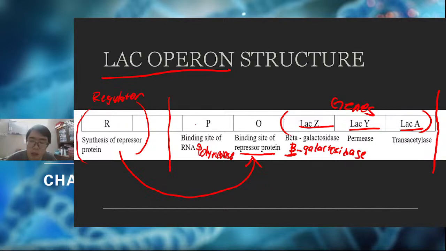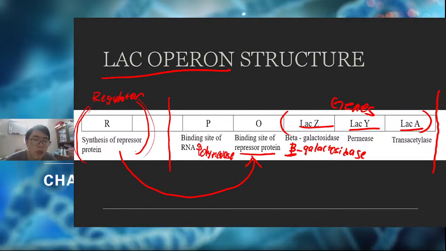In the operon definition, we do not include the regulator. In this diagram, we include the regulator because the operator requires repressor protein, and the repressor protein is produced from the regulator.